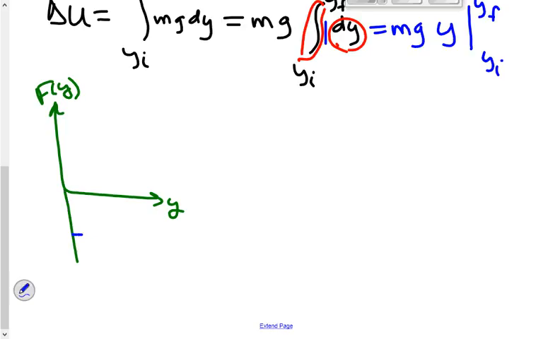Not just a straight line, but a horizontal line down here at negative mg. So if I want to find the integral from y initial to y final, I'm going to be taking the area of that rectangle.